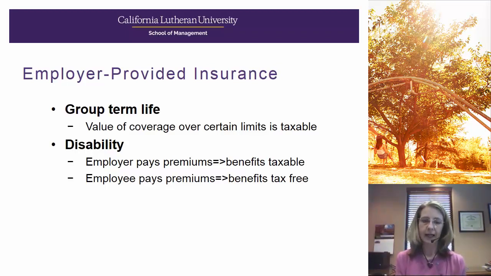You'll see that added to the W-2, and so if an employee thinks that he or she has earned $100,000, if they have $100,000 of group term life insurance coverage that the employer is paying for, they'll actually see taxable income of a little bit over $100,000 because the value of that extra $50,000 of life insurance coverage is being added in.